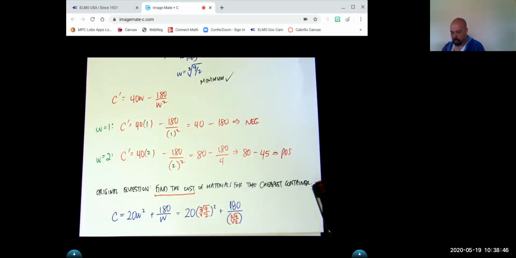So that's going to be the cube root of 9/2 squared inside the first one, 20 times that, plus 180 divided by the 9/2 raised to the 1/3 power, cube root there.